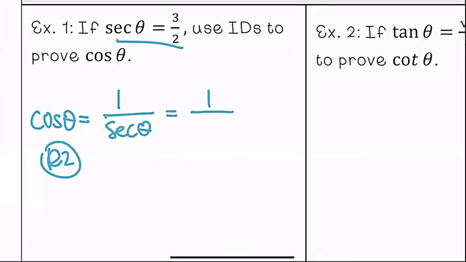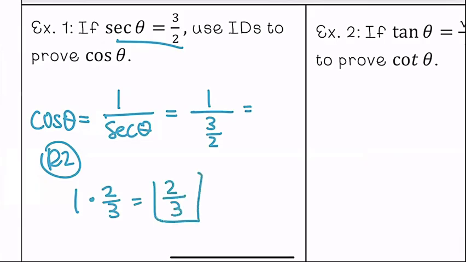This is really 1 over 3 over 2. And now I'm dividing by a fraction. Remember, the way you get rid of that, dividing by a fraction, is by multiplying by the reciprocal of the fraction. So we keep the top the same, we change to multiply, and then we do the reciprocal or flip over the bottom. So now I have 1 times 2/3. 1 times 2/3 is just 2/3, because 1 times anything is the other number.